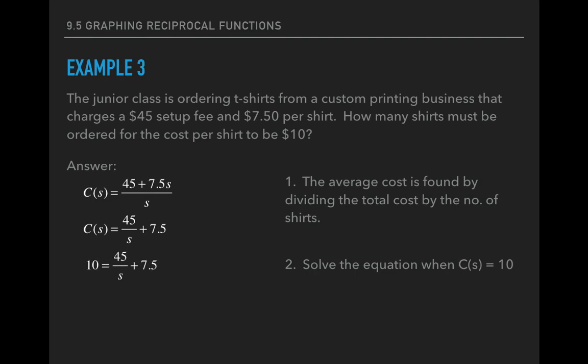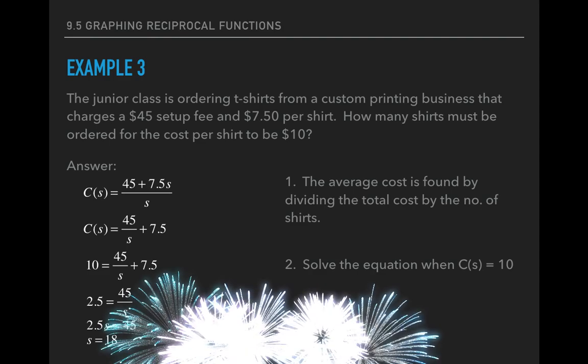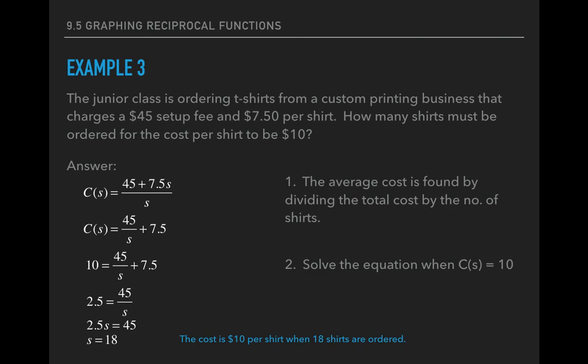Then pretty basic math here, we're just going to subtract 7.5 and you can do some cross multiplication here. So that would be 2.50S equals 45, and that means S is going to be 18. We would need to order 18 shirts for the cost per shirt to only be $10.